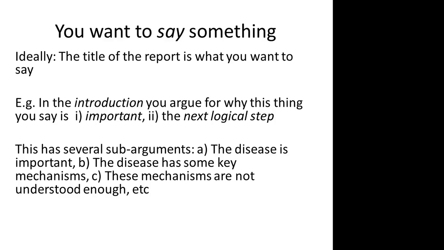And then usually you zoom in on that it has some key mechanisms, that these mechanisms are not understood enough, and there is in particular one that is particularly intriguing, and here maybe systems biology would be a good tool, and so on. And all of these are sub-arguments for the argument that what you're going to do is important, which is a sub-argument for the entire thing that you have stated.